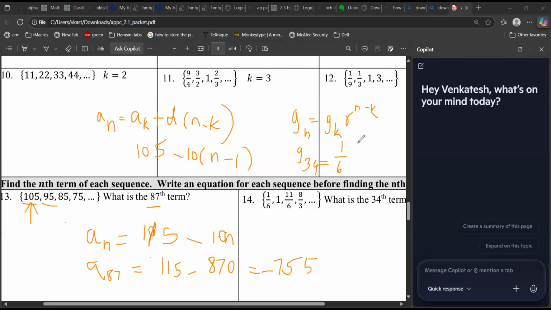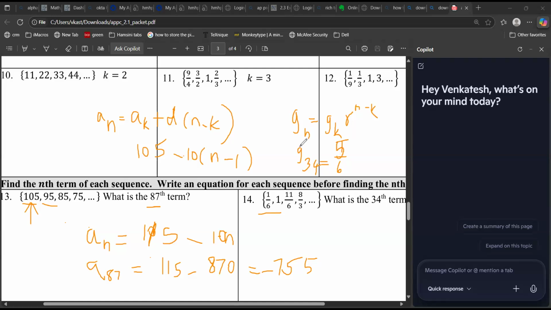I thought it was arithmetic too. Correct, that is arithmetic. So it will be 5 by 6. The common difference is 5 by 6.